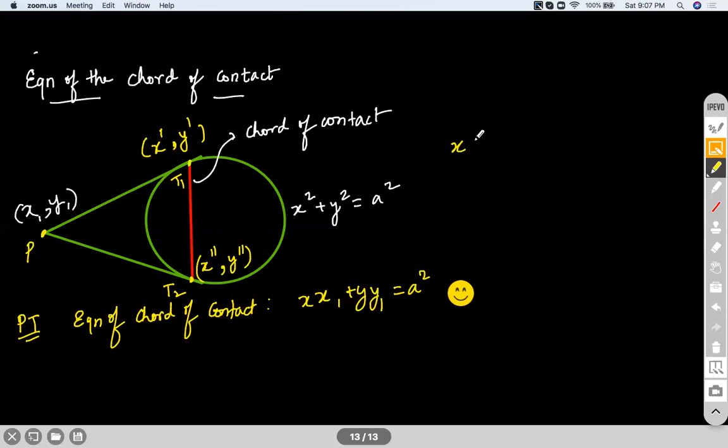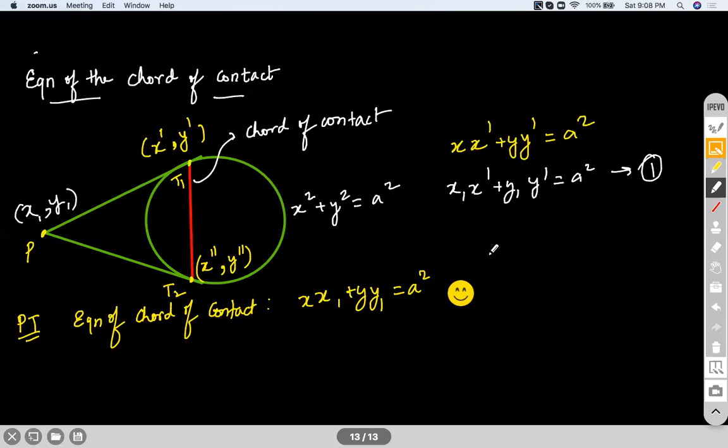So can I say its equation should be x x dash plus y y dash is equal to a square? And x1 y1 will satisfy this. So x1 x dash plus y1 y dash is equal to a square would be true. Let's call it 1. In the same way, x1 x double dash plus y1 y double dash will be a square. Let's call it 2.